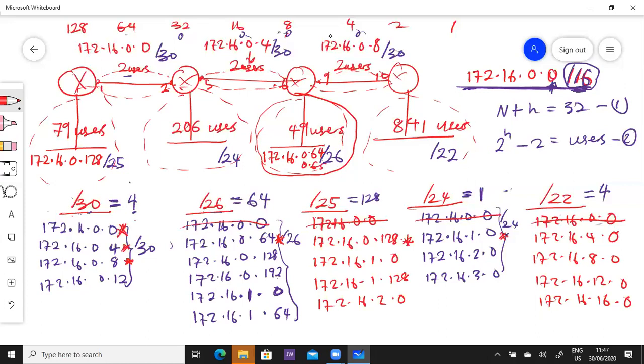So this is available for the /24. So 172.16.1.0. That is available for the /24. Then what next? The /22. This is available. 172.16.4.0. We are done.